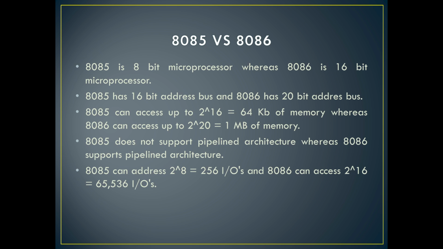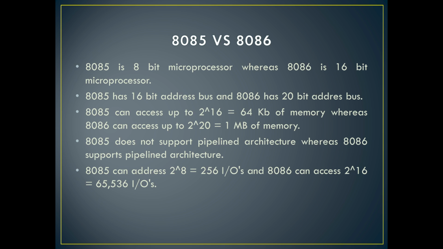This type of architecture is known as pipelining architecture, where I implement concurrent execution of two or more instructions, which is not supported by 8085. Whereas 8086, since it is an enhanced version of 8085, supports the pipelining structure. That means concurrent execution of instructions is provided in the case of 8086.